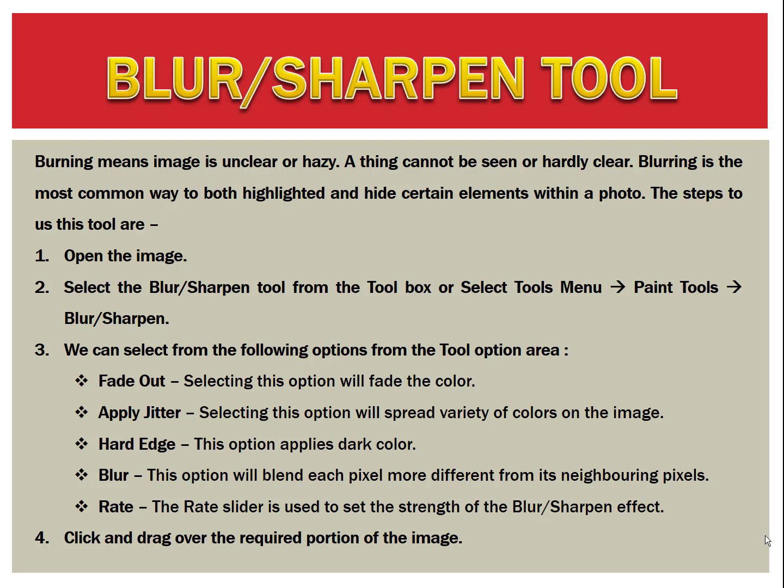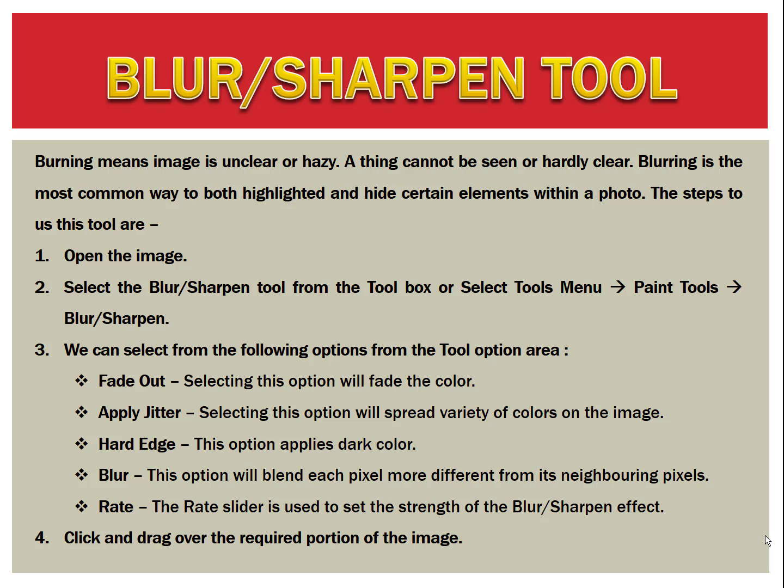The steps to use this tool are: open the image, select the blur or sharpen tool from the toolbox, or select tools menu, paint tools, and choose blur and sharpen option. We can select from the following options from the tool option area.